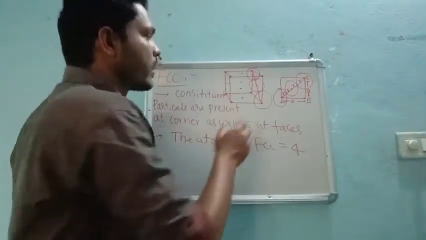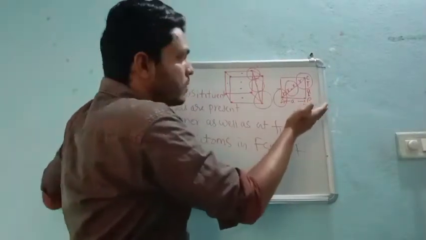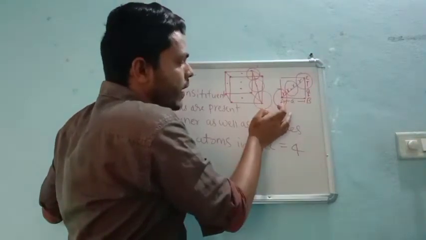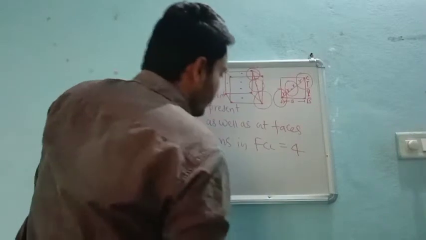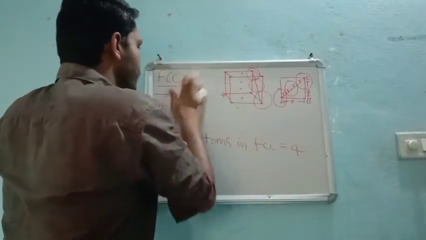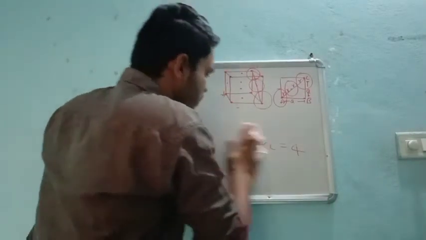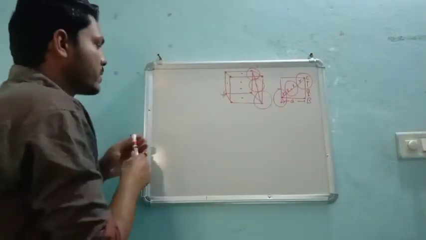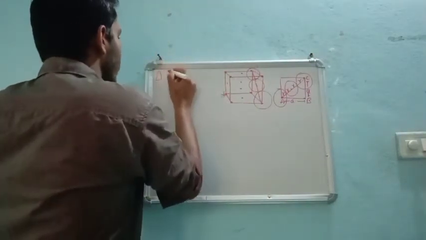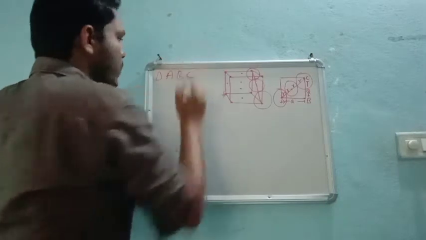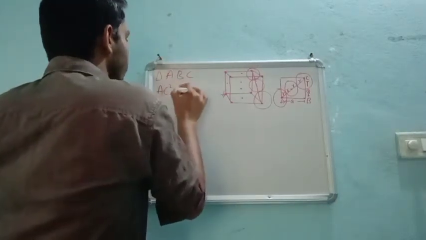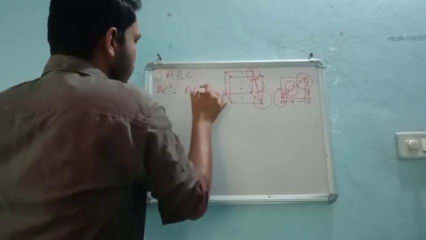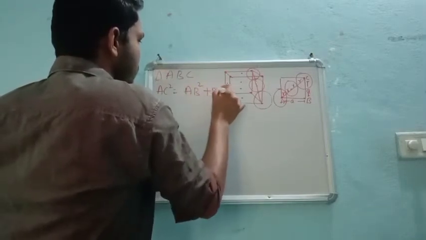You can easily imagine that there is one triangle, that is ABC. Triangle ABC. According to Pythagoras, AC square is equal to AB square plus BC square.